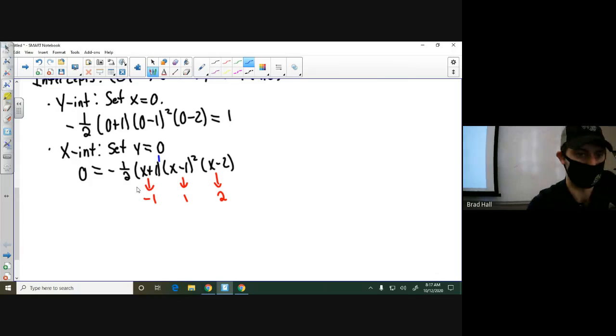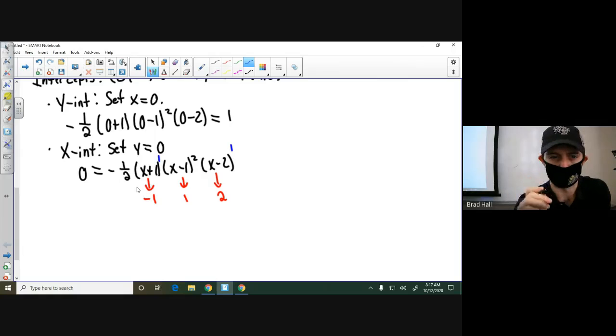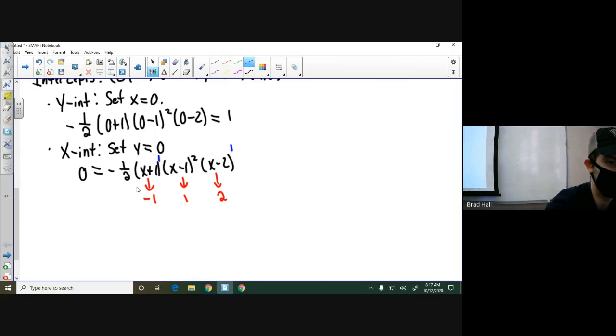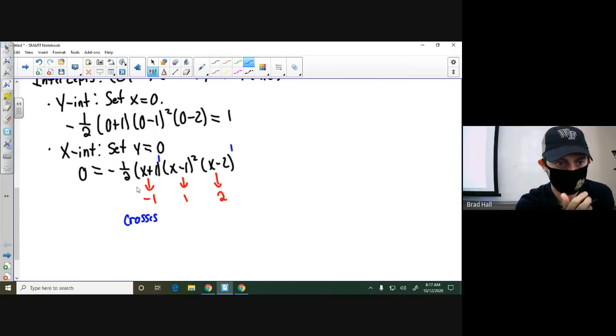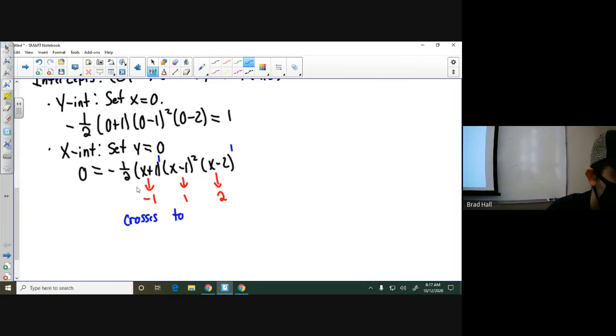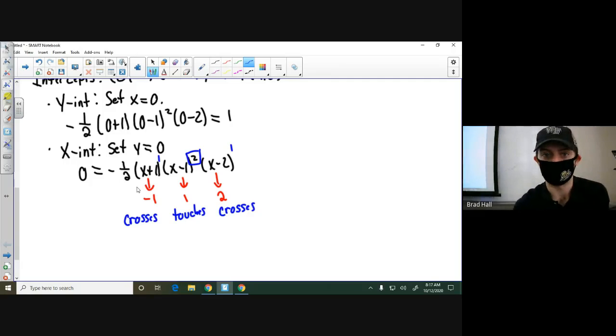Since there's an understood exponent of 1 for those two factors that I just wrote in blue. Crosses for the first one because the exponent is odd, and then touches for this middle one at 1 because the exponent is even, and then crosses at x is equal to 2 because the exponent is 1.